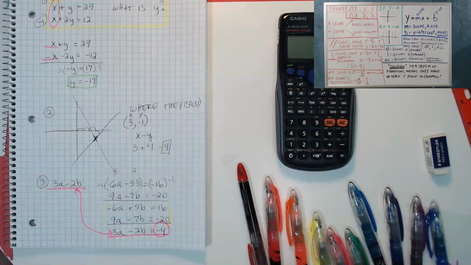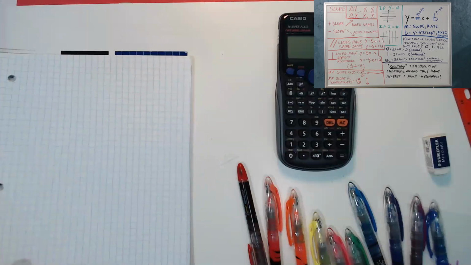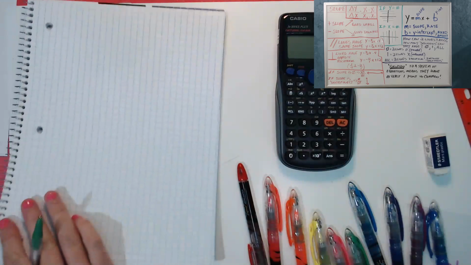other one. Let's see. I wanted to work one of those. I want to work, let's go to a new page. I want to go over one of those that might be like that, okay?